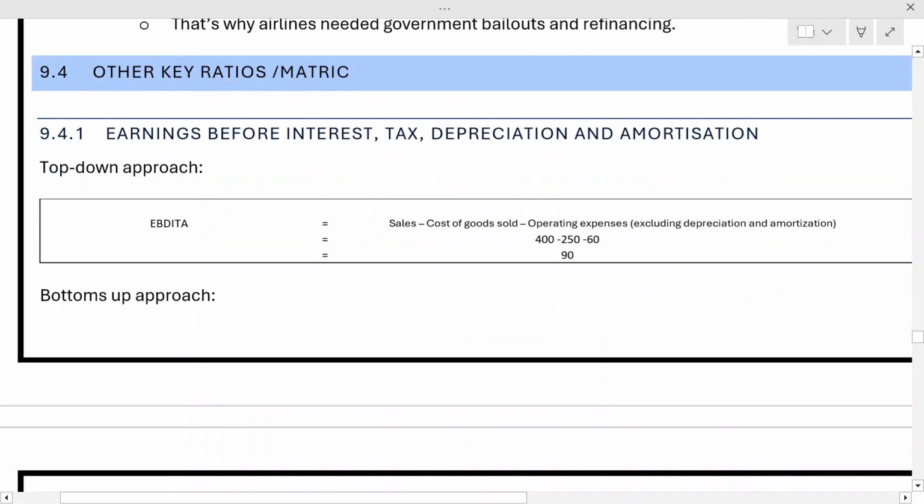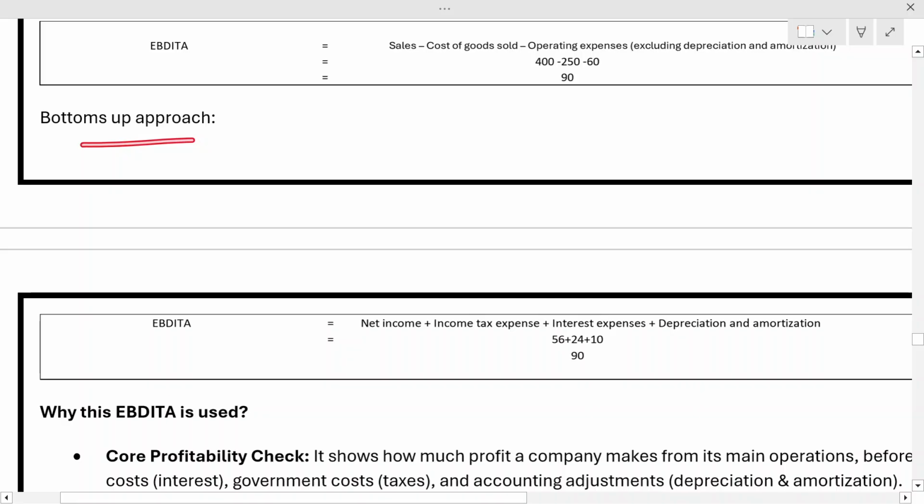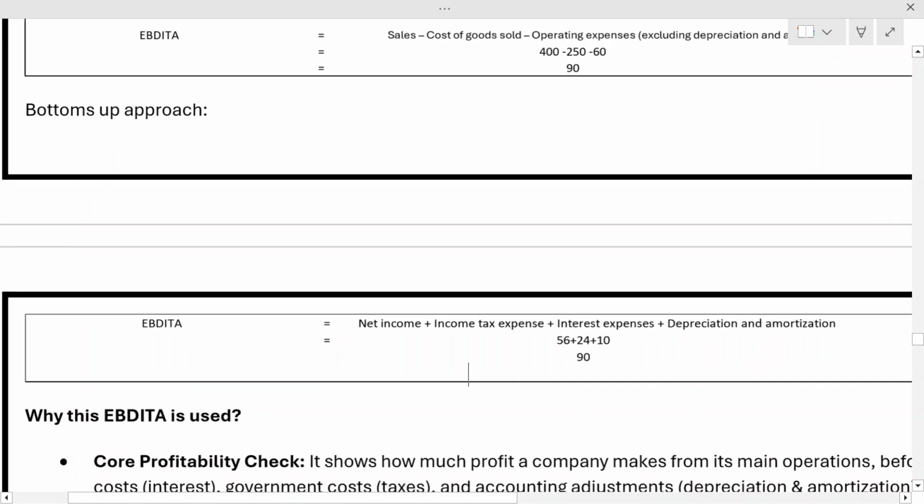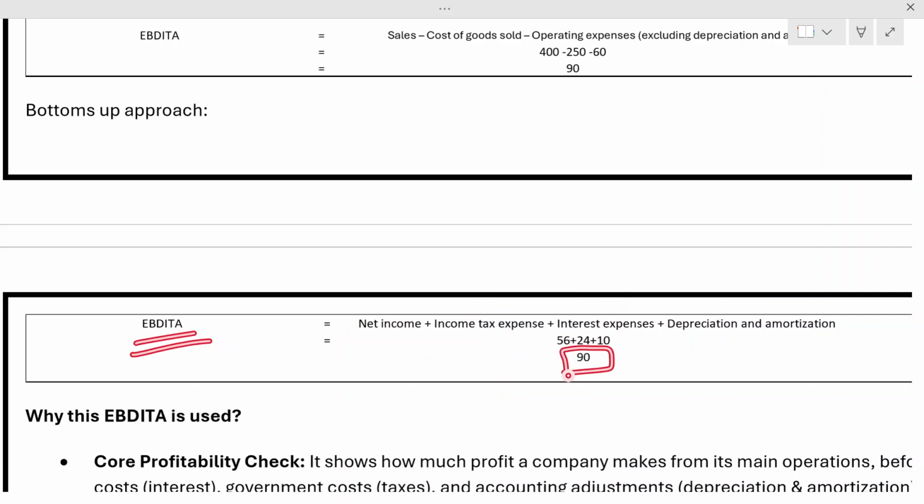Now in the bottoms up approach, you can do the reverse calculation from your P&L, where you take your net income, add income tax expenses, add interest expenses, and add depreciation and amortization to get your EBITDA. In your P&L, if you do the reverse calculation, ultimately you will reach this $90.